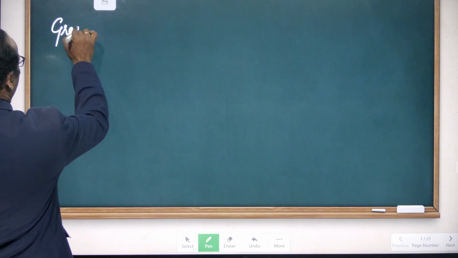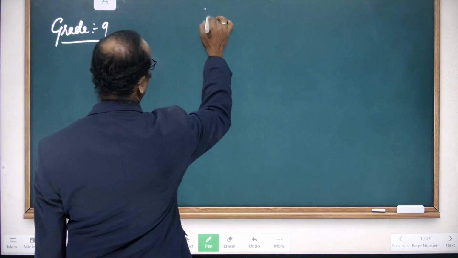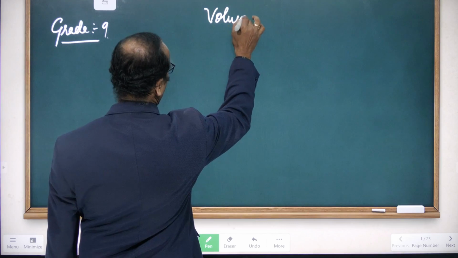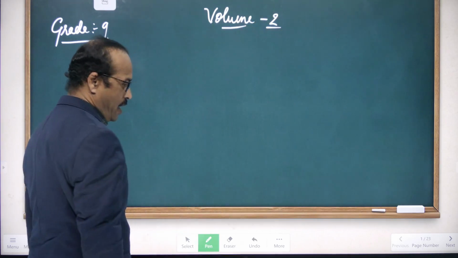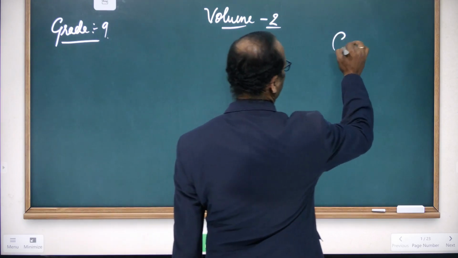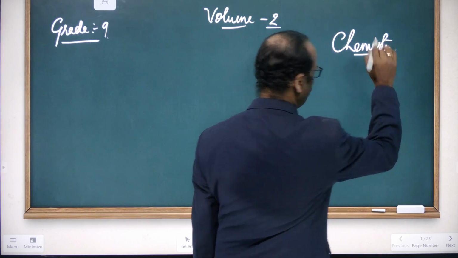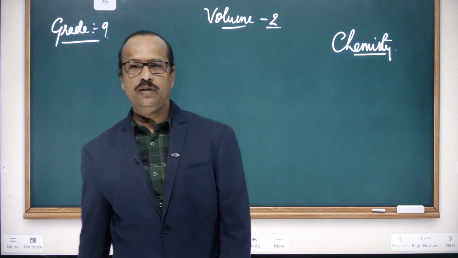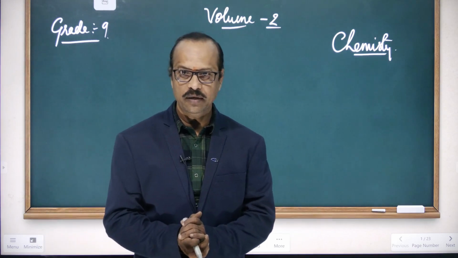So grade 9, today we are starting volume 2. Okay, volume 2 we are starting, and in chemistry, in volume 2, we are mainly going to discuss organic chemistry, right?